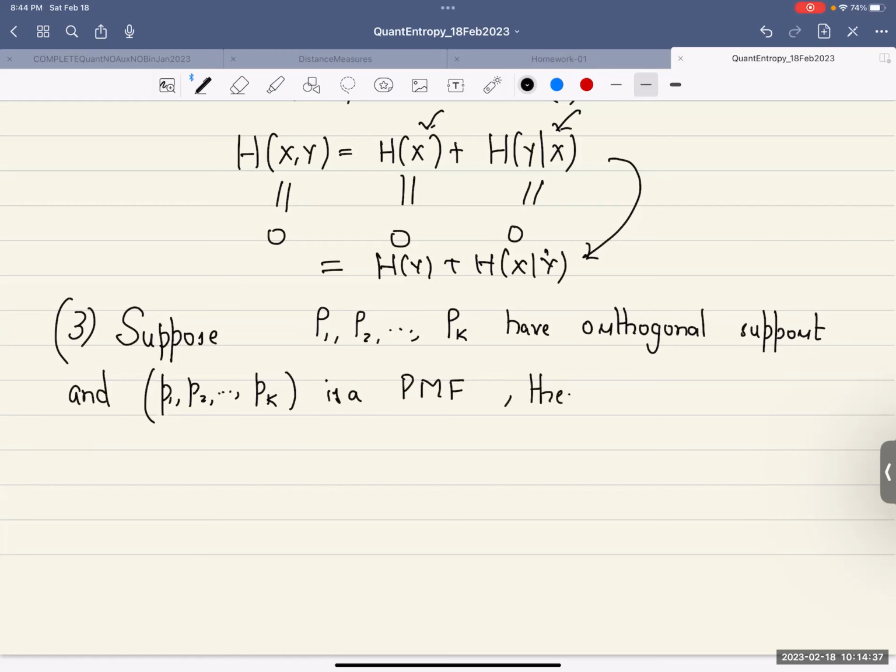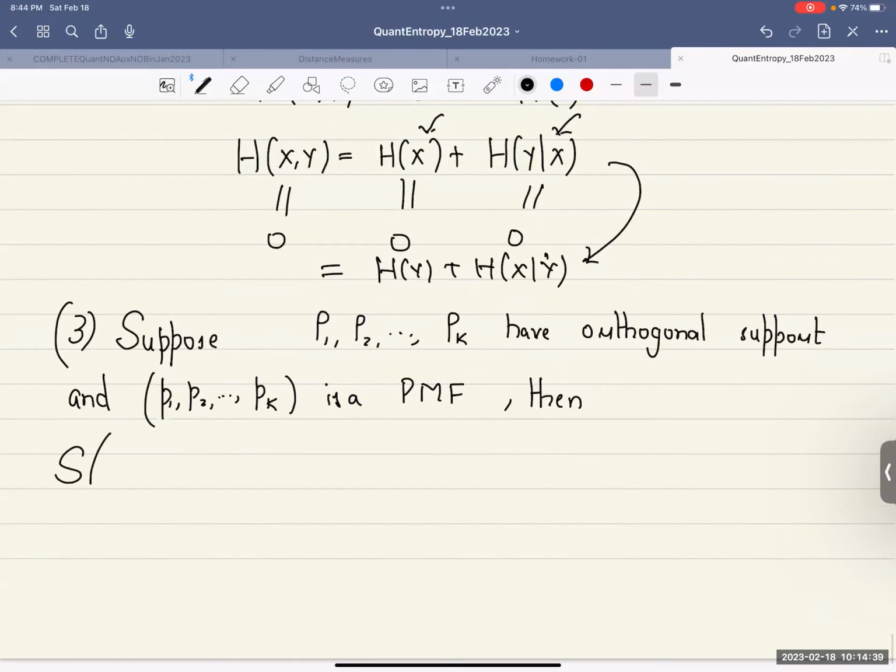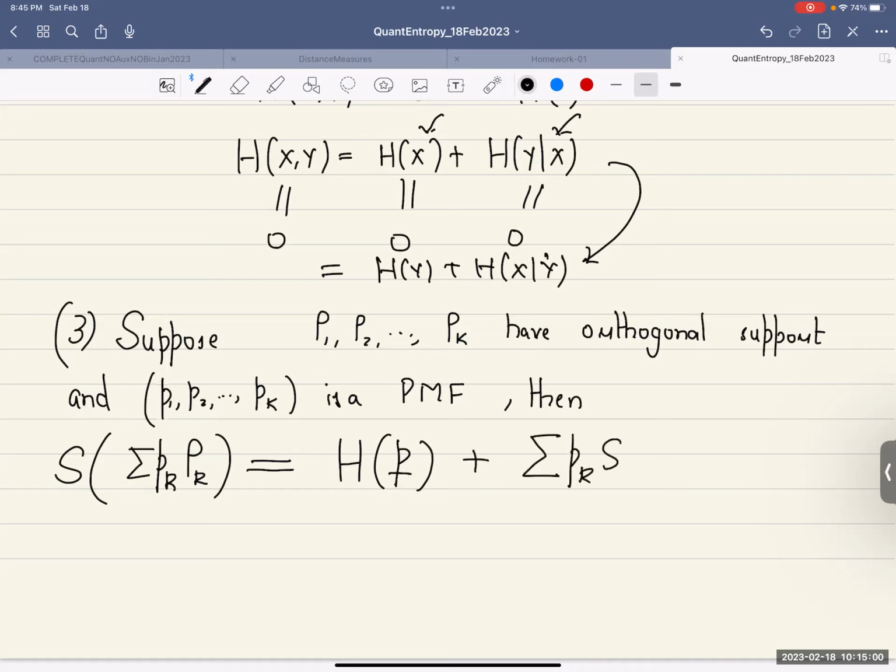Then if I look at the mixture, the entropy of the mixture has two components. First, the Shannon entropy of the vector P, plus the convex combination of the von Neumann entropies. We'll prove this, not a big deal, just calculation.